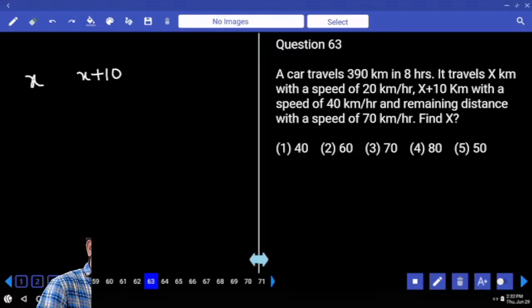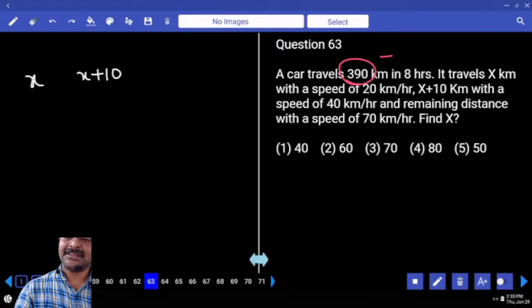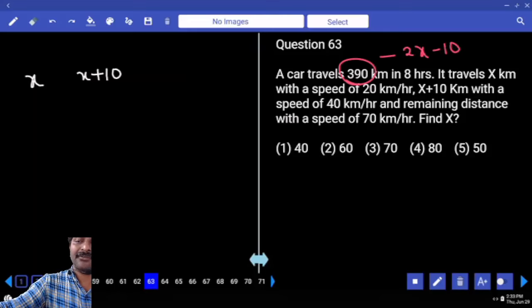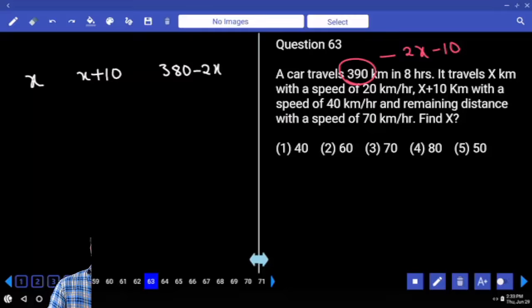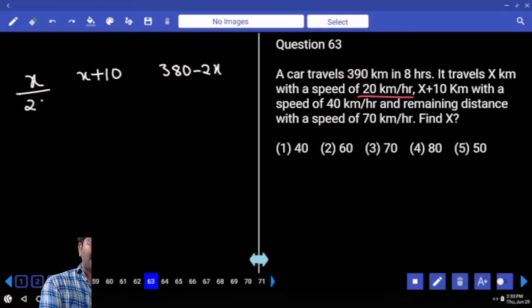So far, how much is the distance covered? 2x plus 10 out of 390. Remaining, from this we have to subtract 2x and 10, which is equal to 380 minus 2x. Correct?